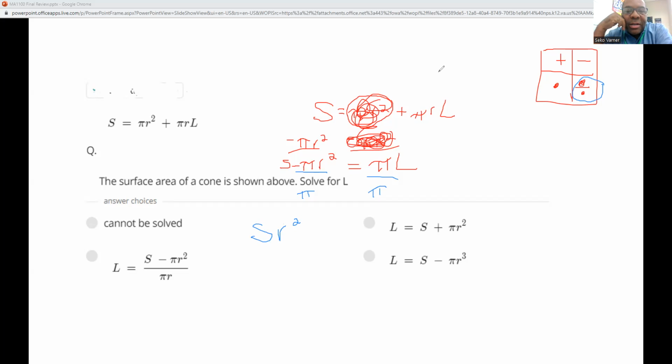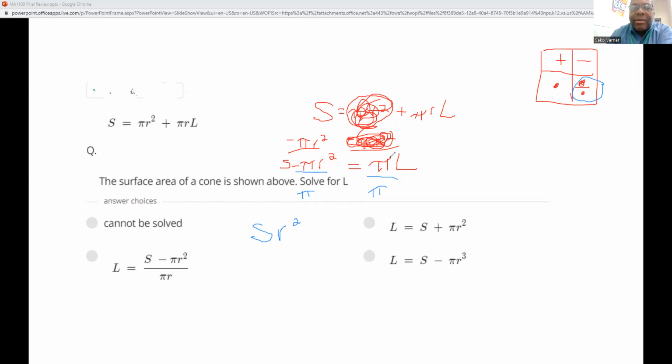So if I divide that, it's going to leave me with S minus R squared. Oh, that's what threw me off.